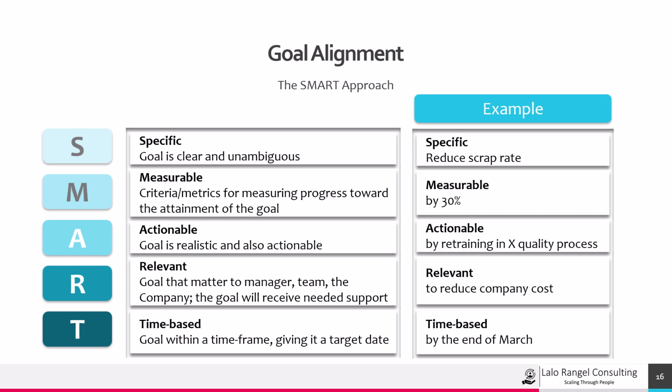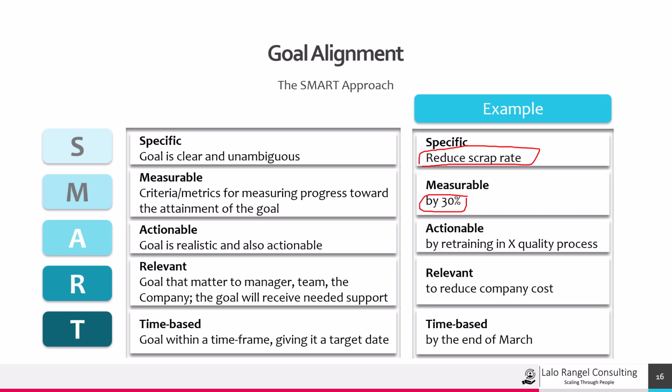In the case of the goal in which we needed to reduce the scrap rate because of those very expensive screws, you can see that the goal is very specific: reduce scrap rate. It's measurable because you need to reduce it by 30%.